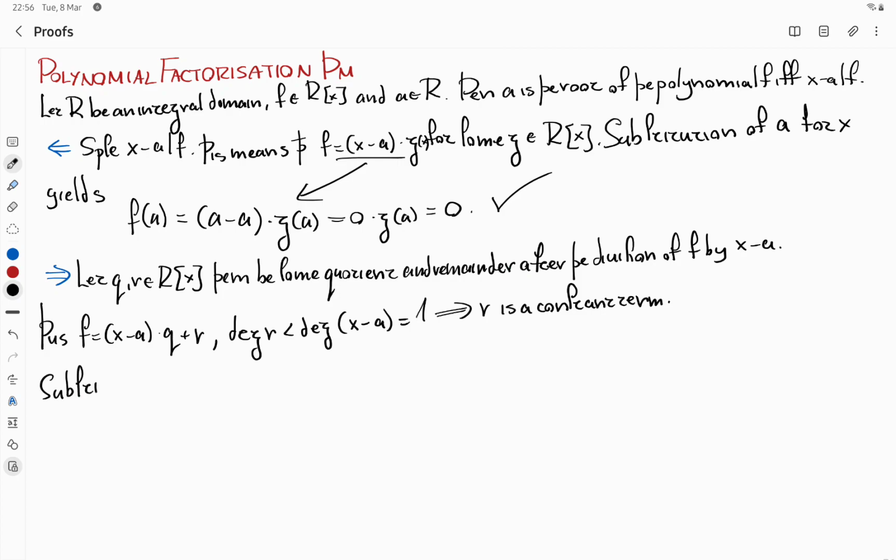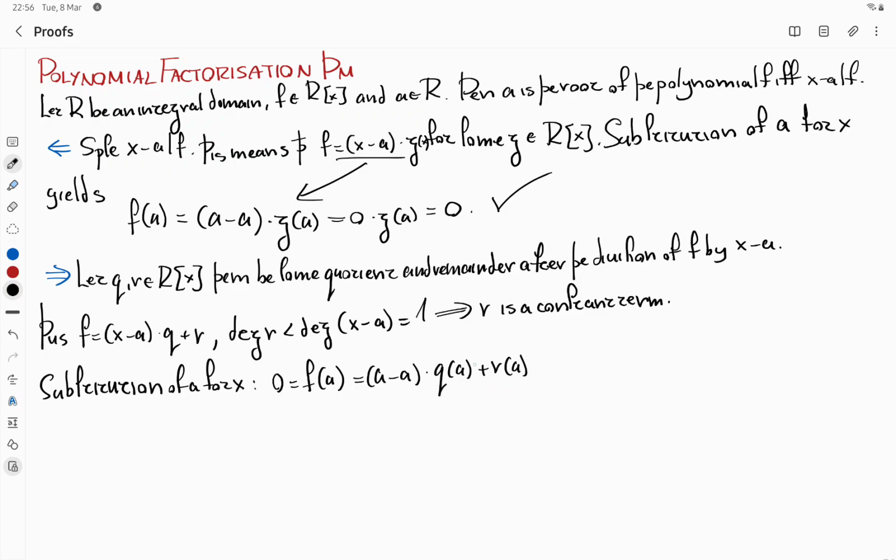Substitution of a for x yields 0 is equal to f(a), because we assume that a is the root. This is equal to (a minus a) times q(a) plus r(a), by definition of q and r.